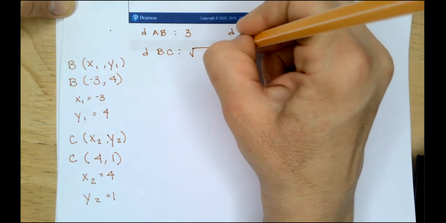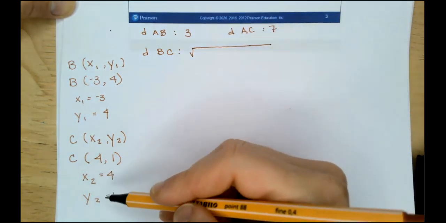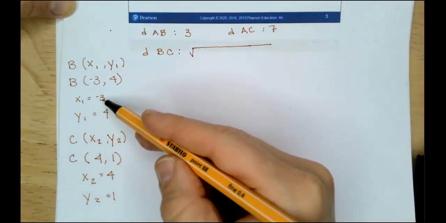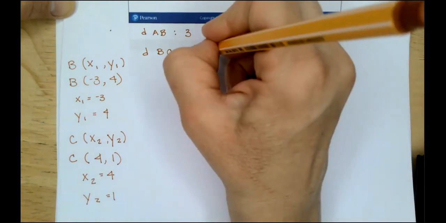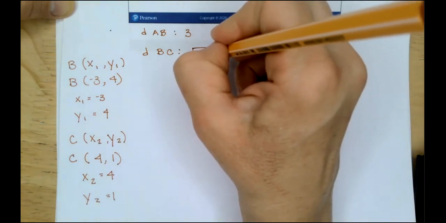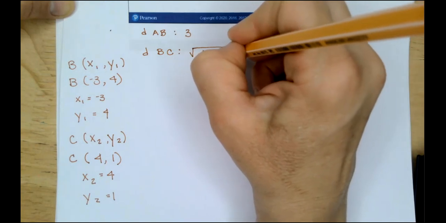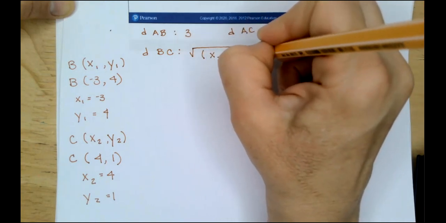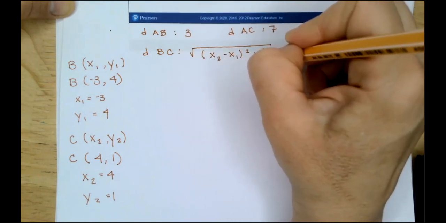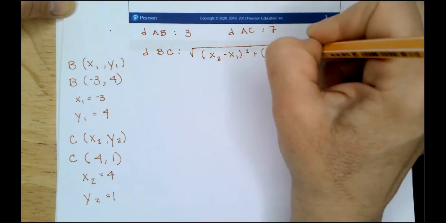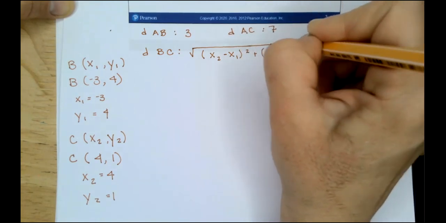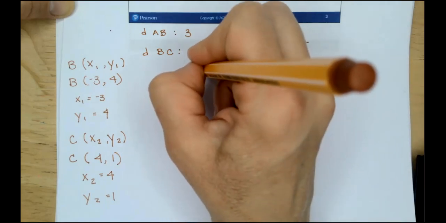The distance, if we remember, is (x2 minus x1) squared, I'll just write it, plus (y2 minus y1) squared. And then you're going to take the square root of it.